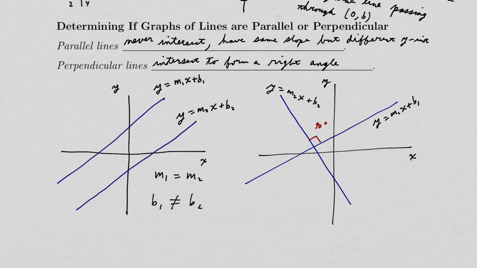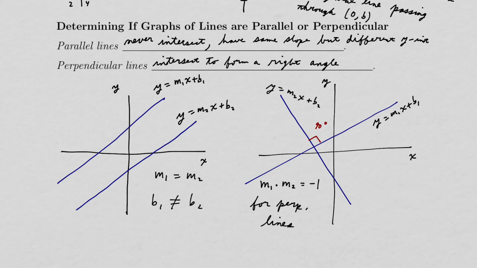It has to do with the slopes, and the condition is if you multiply the slopes together, m1 times m2, that has to equal -1 for them to be perpendicular. Okay, so m1 times m2 has to equal -1 for perpendicular lines.